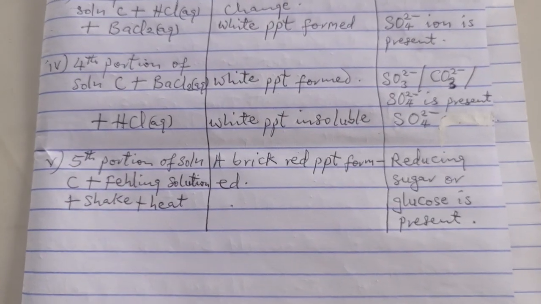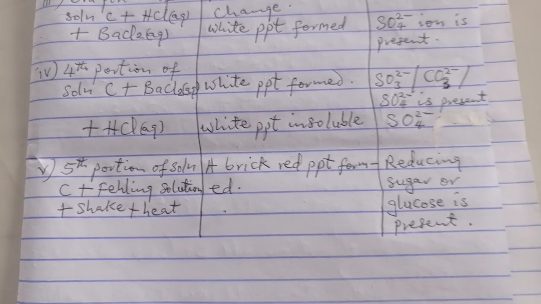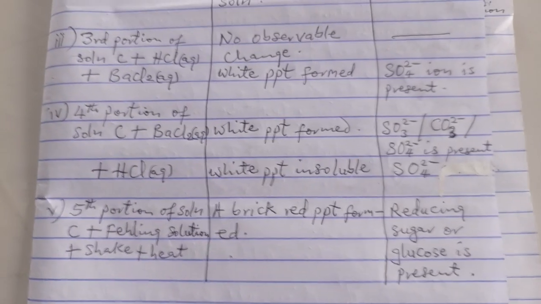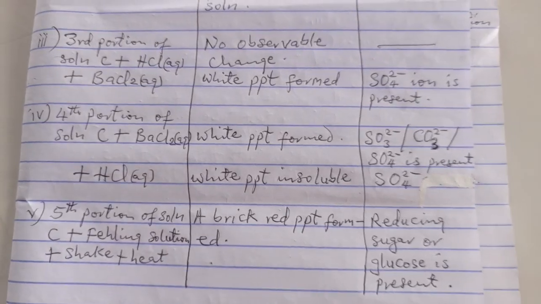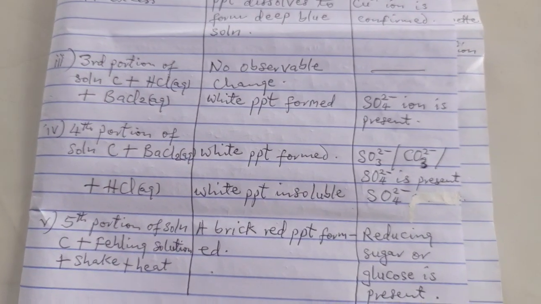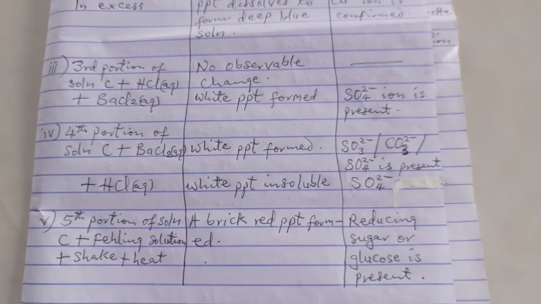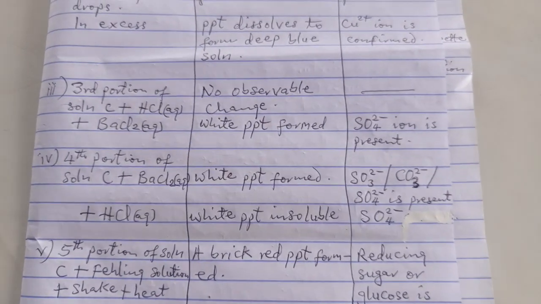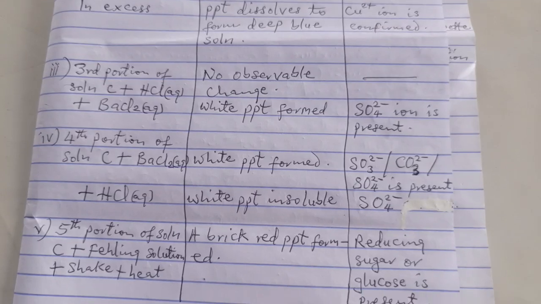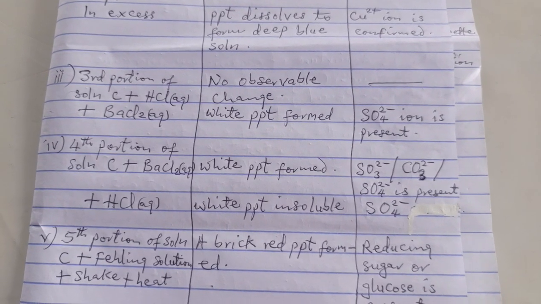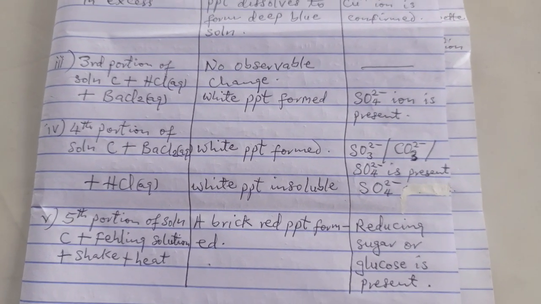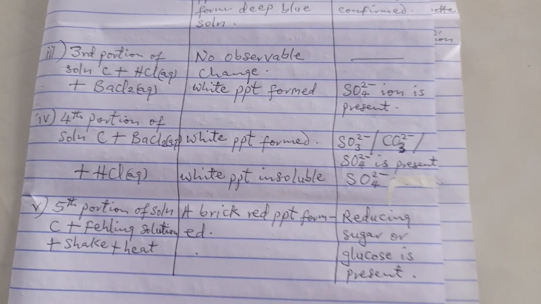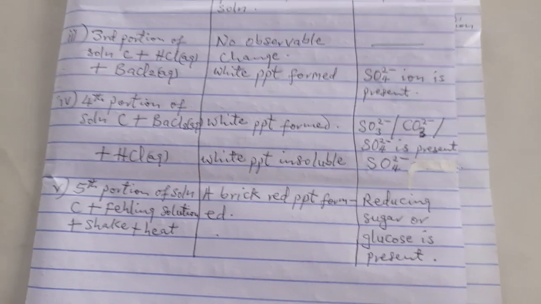The last portion, you now add Fehling's solution and shake it and heat the mixture. You will see a color that looks like blue changing to red or brick red PPT. Brick red PPT will be formed. Then inference, you now report that reducing sugar or glucose is present.